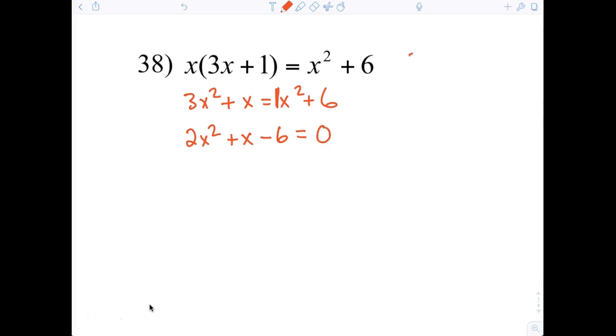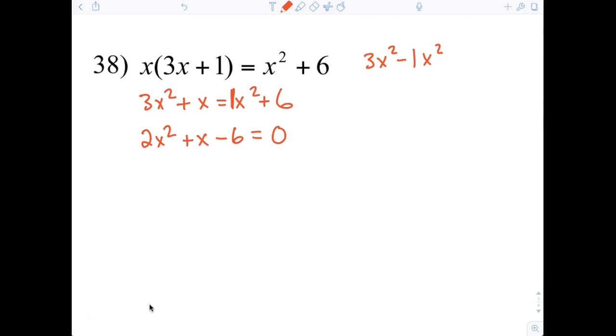Here's what you're having trouble with. 3x squared minus 1x squared. What is that? But wouldn't it just be 2? No, or I would have written just 2. Listen to me one more time. Very important. 3 is the number in front of the x squared.